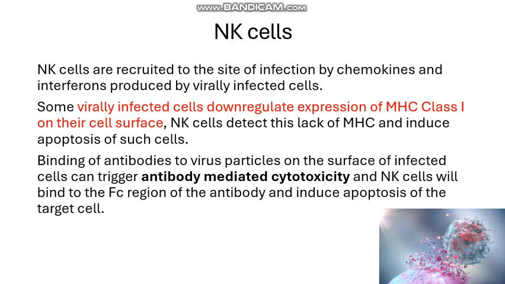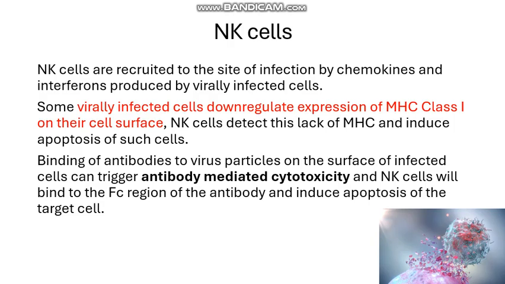Binding of antibodies to virus particles on the surface of infected cells can also trigger a response that we talked about when we talked about the B cells. When we talked about natural killer cells in depth, and that is the antibody-mediated cytotoxicity.